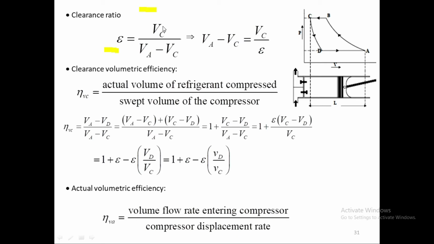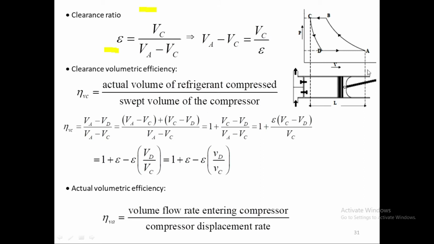So clearance volume divided by swept volume is the clearance ratio, and we can also write VA minus VC as VC divided by epsilon. We are going to use it in the equation somewhere. So the clearance volumetric efficiency by definition is the actual volume of the refrigerant compressed divided by the swept volume of the compressor.